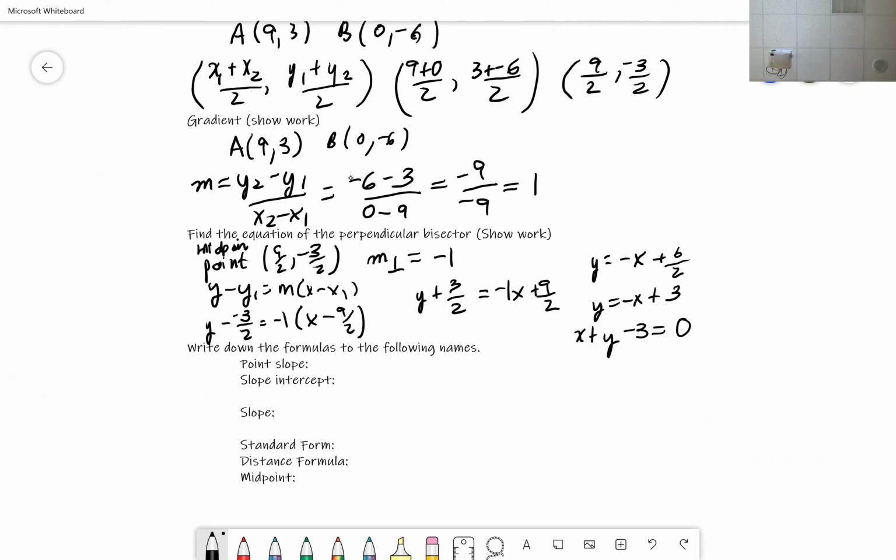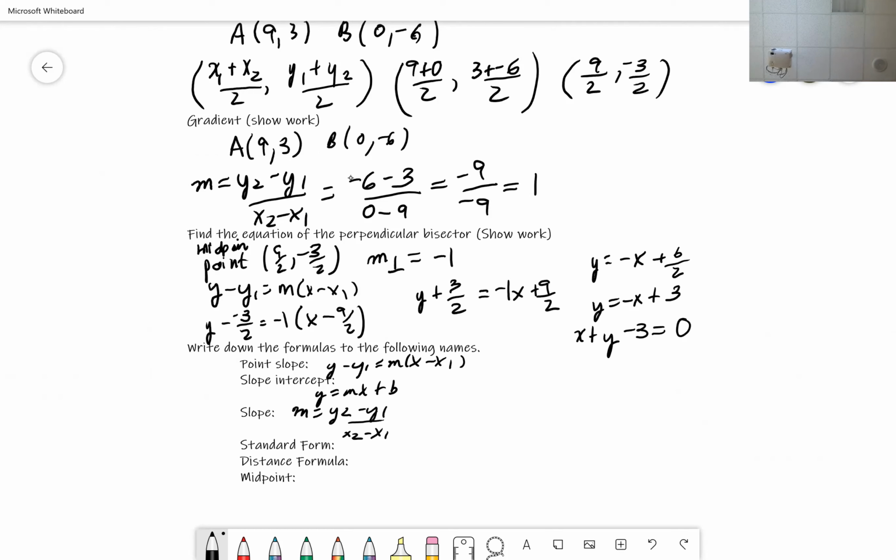And at the end of the test, I ask you to write down the formulas to the following names. Point slope, you should know it's y minus y1 equals m times x minus x1. Slope intercept, you should know it's y equals mx plus b. You should know slope is m equals y2 minus y1 divided by x2 minus x1.